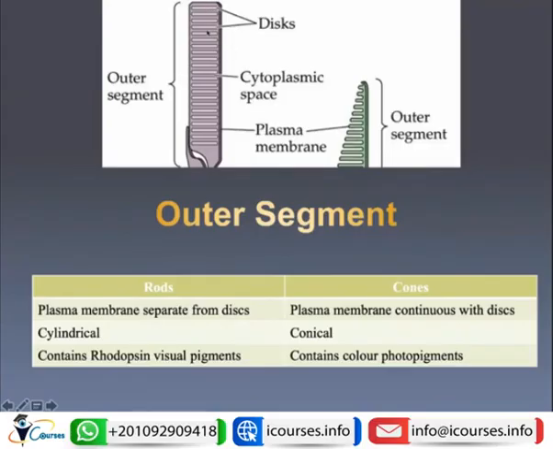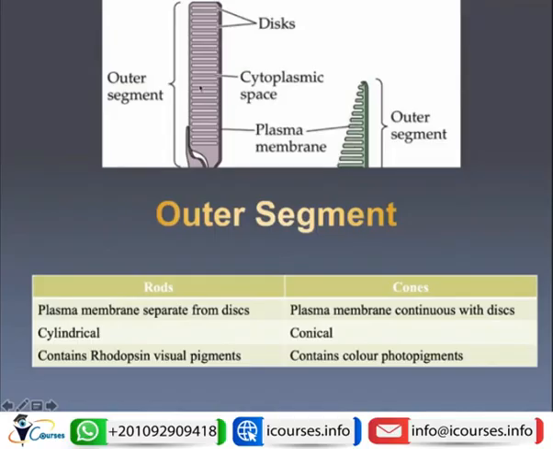These discs are present in the outer segment of both the rods and the cones, but with a great difference: the discs are separated from the plasma membrane in the rods, while the discs are continuous with the plasma membrane in the cones.